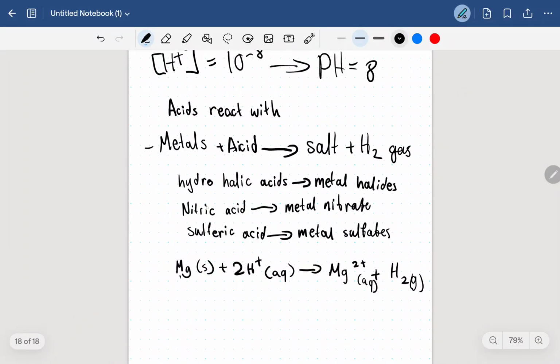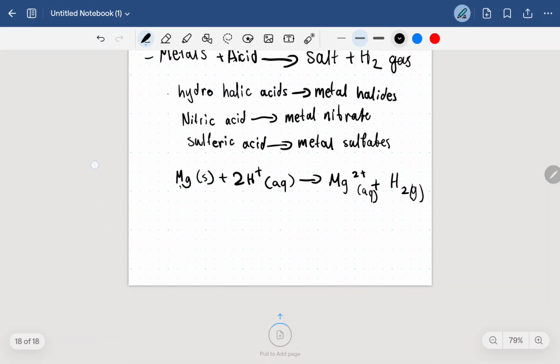Usually you'll have an acid like a hydrohalic acid, say hydrogen chloride, which will give you magnesium chloride and hydrogen. But here we're not really gonna care, because this is your net ionic equation. So this is the simplest form of the ions in any metal acid reaction.